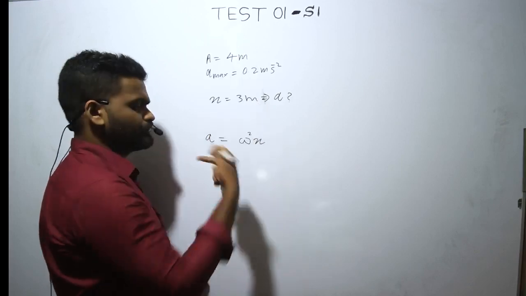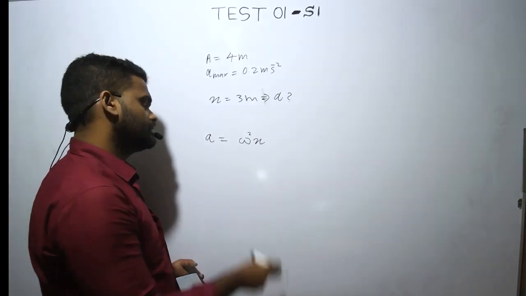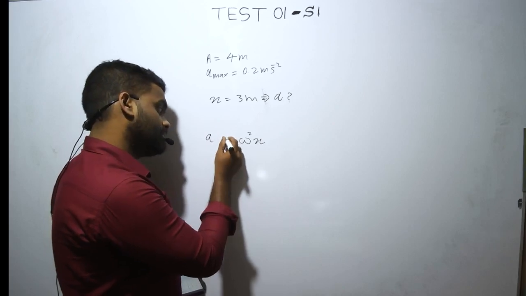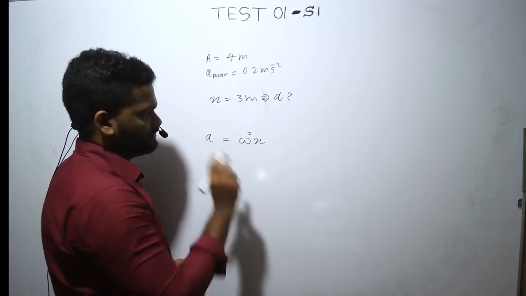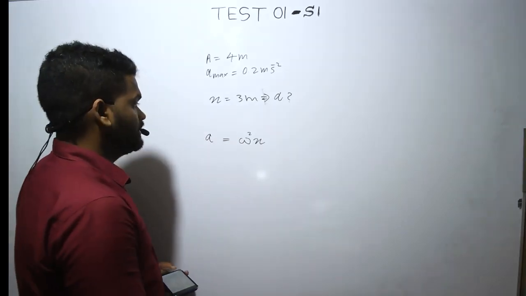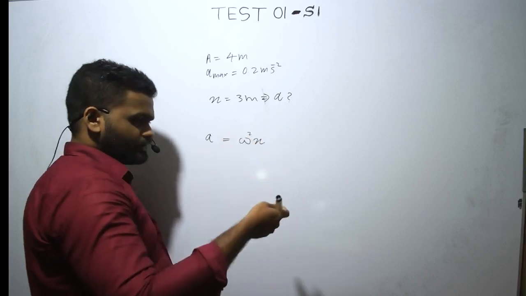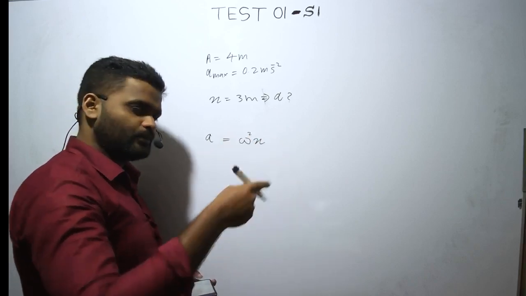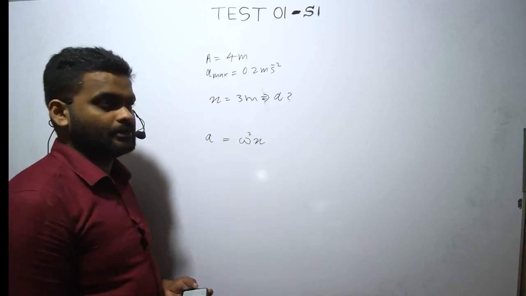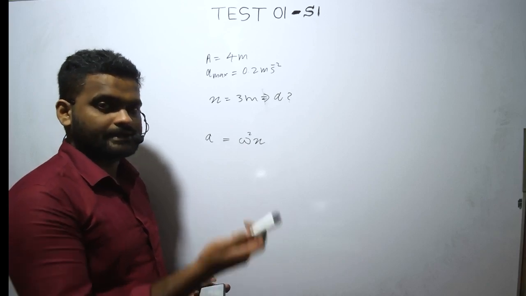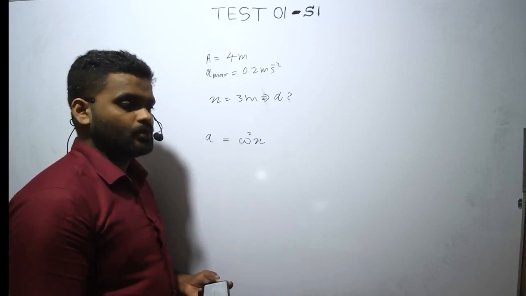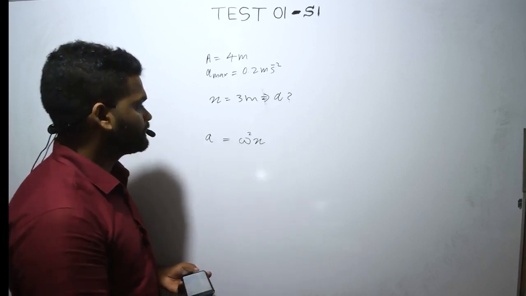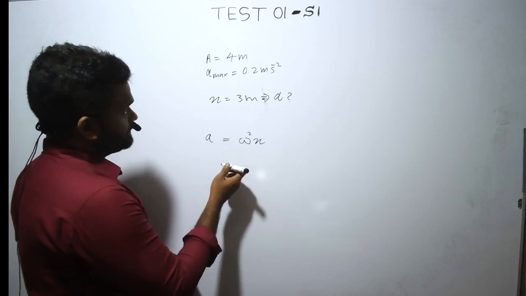For these questions, you don't have to consider the negative sign. You just have to find the magnitude, right? So a is omega squared x. If you want, you can write the negative sign in the equation, but then neglect it, because you only need to find the magnitude there. You already know the direction, okay?